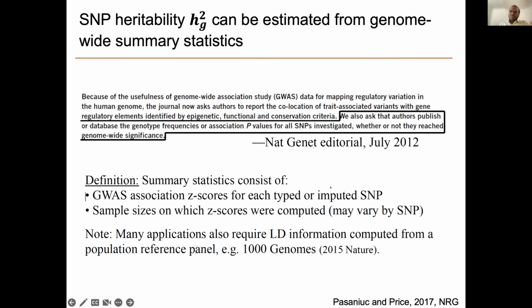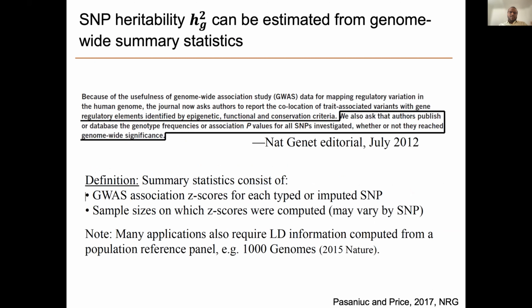So one of the decisions taken as part of the Nature Genetics editorial in 2012 was that they asked the authors working on these GWAS studies to publish or maintain a database of the GWAS association z-scores and p-values for all the variants that they have investigated, all the typed and imputed variants, and not just the GWAS significant hits.